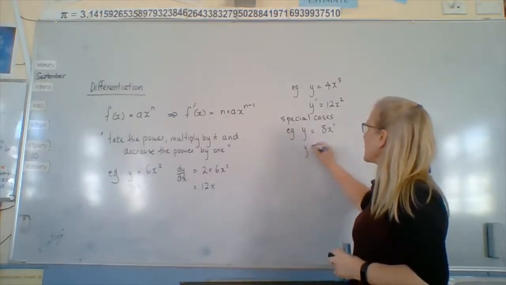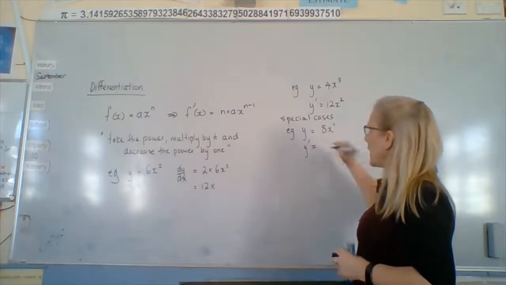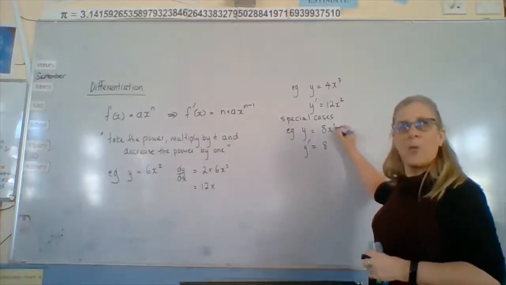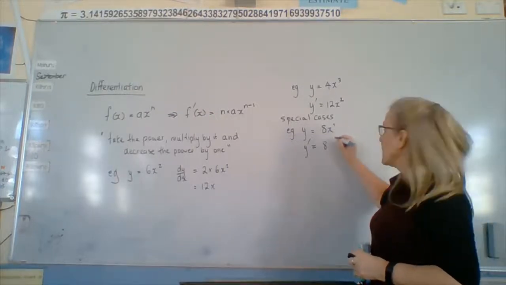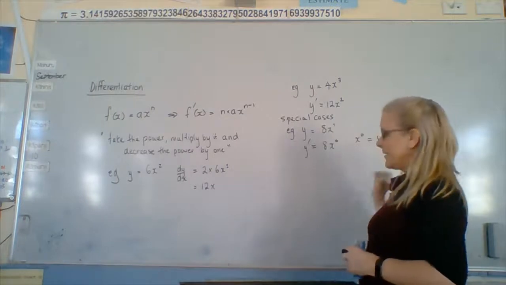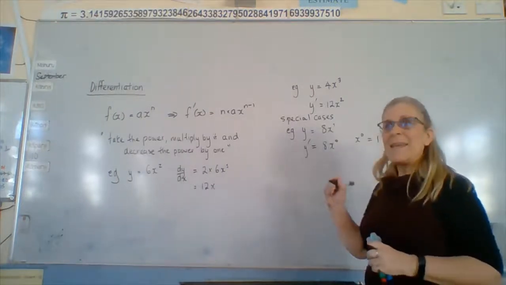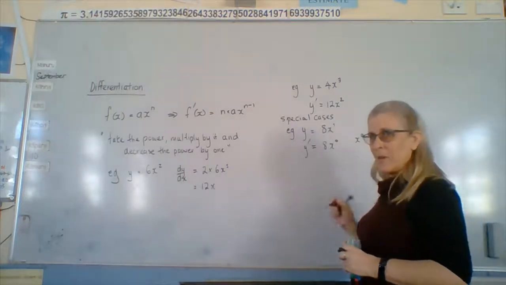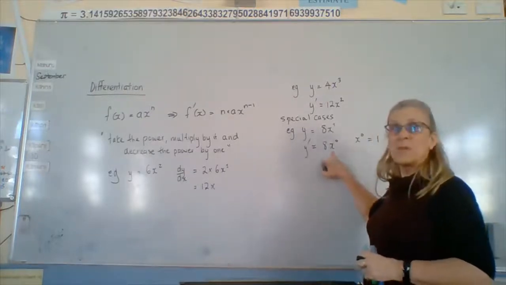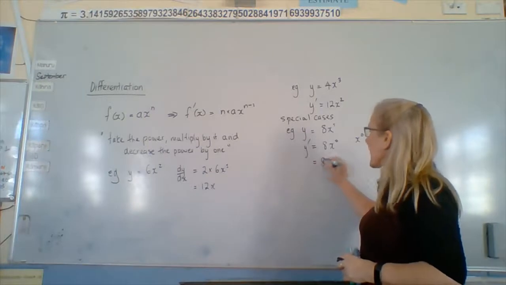So when we take the power and multiply by it, we get 8, and we decrease that by 1. Now what is it? Okay, what's x to the 0? 1. All right? Anything to the 0, including an elephant, is 1. So therefore, that just equals 1. So our answer here is 8.